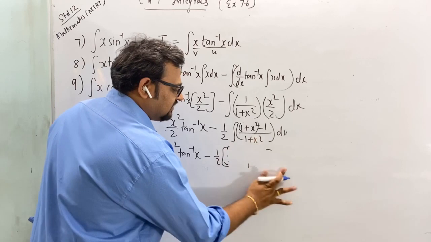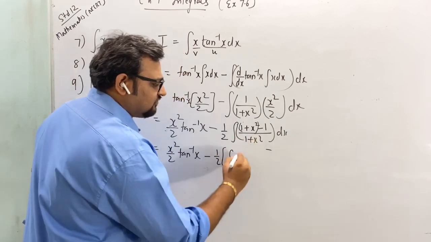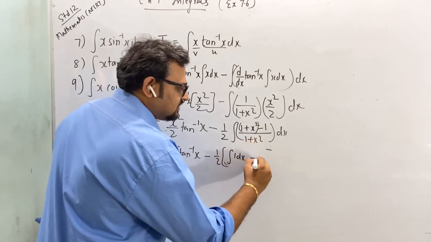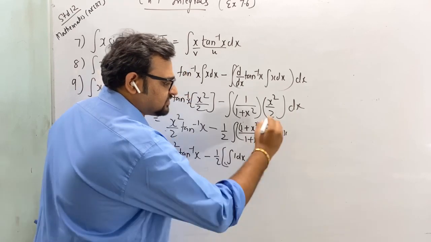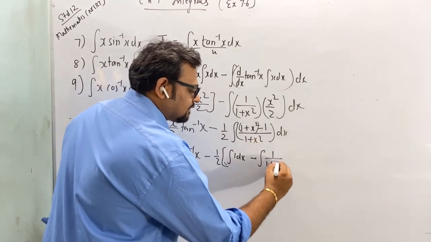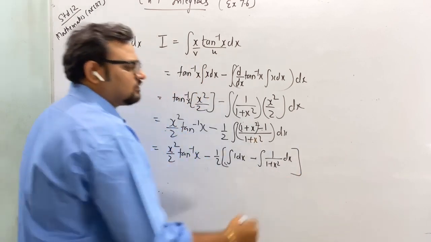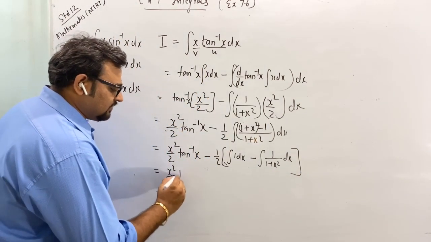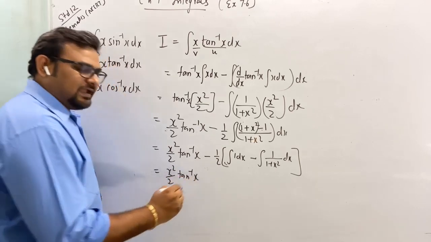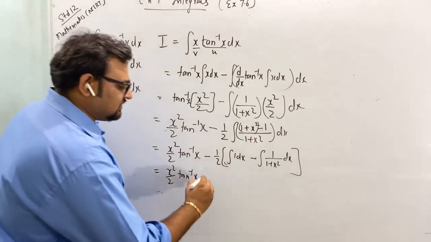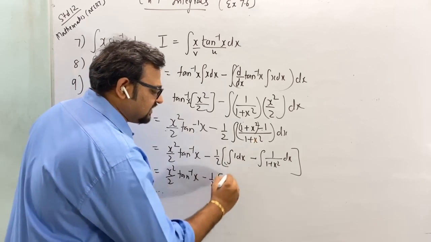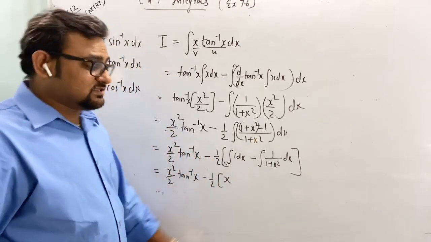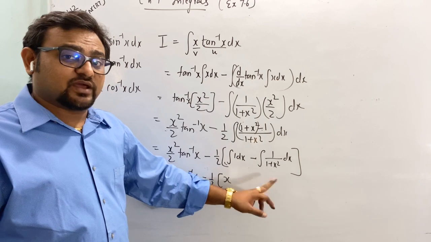Sorry, I am writing it once again. Integration of 1 dx minus integration of 1 upon 1 plus x square. So this will be equal to x square by 2 tan inverse x minus 1 by 2 integration of 1 dx, x, and integration of 1 upon 1 plus x square.